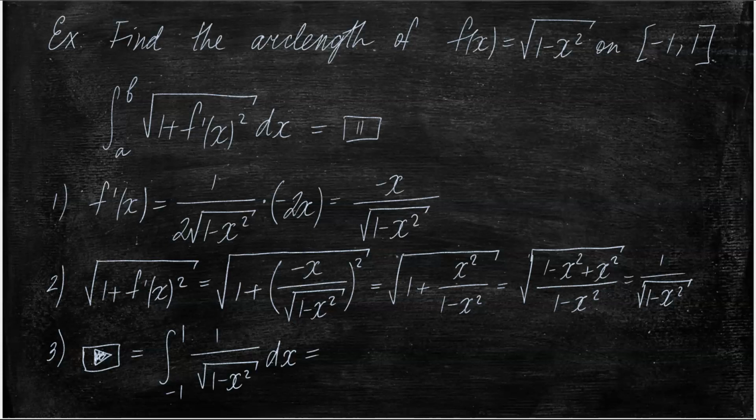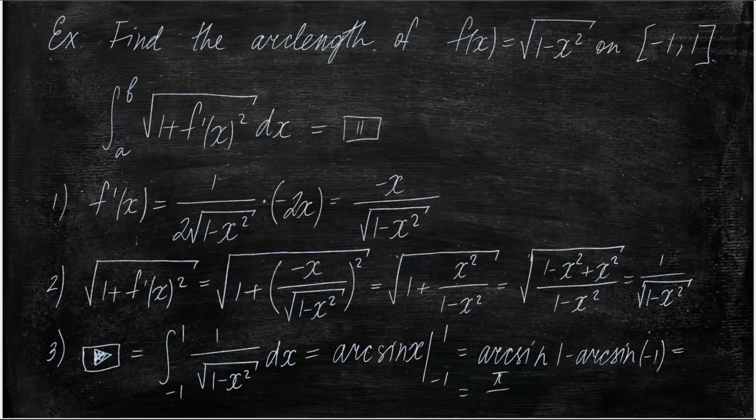So this is a standard table integral, so it's the arcsine function from -1 to 1, and we got arcsine of 1 minus arcsine of -1, which is pi.